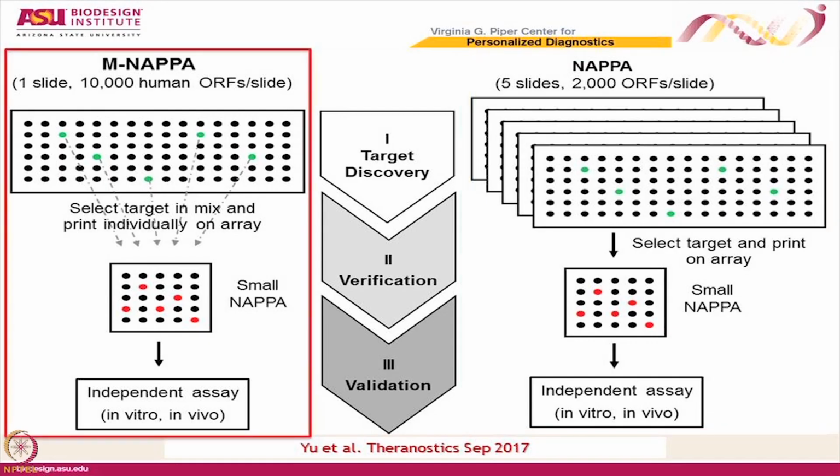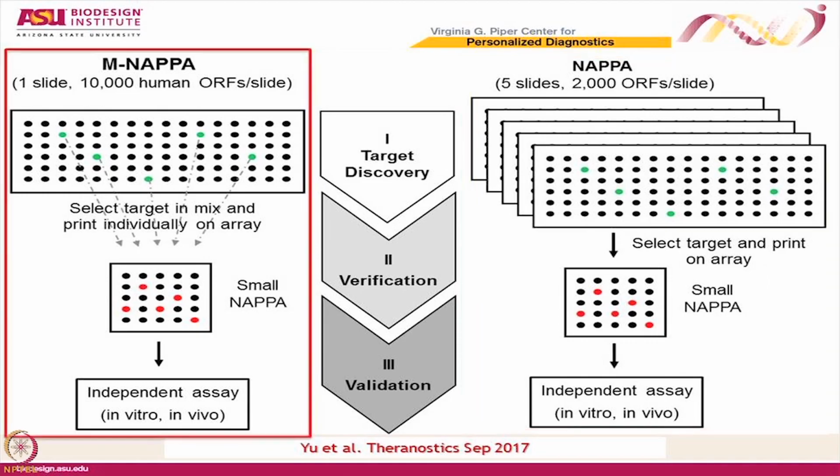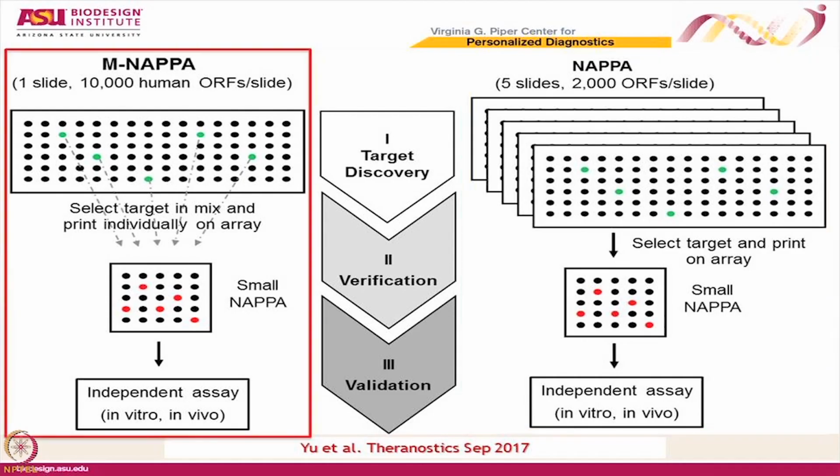Using the mixed NAPPA, we can do all of the spots on 1 slide, and then we just have to come back the next day and do a 2nd slide to confirm the hits are real. So here we have to do a total of 6. Here we have to do only 2. So there's a lot more work on this side than this side. And of course, if you're trying to save money, this is definitely a cheaper way to go. And yet you can get roughly the same numbers, right?